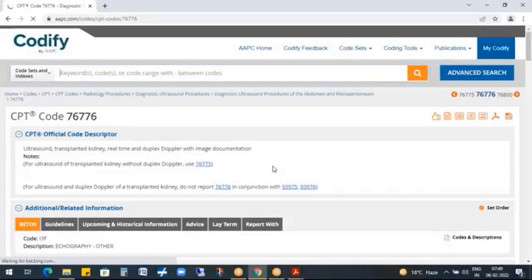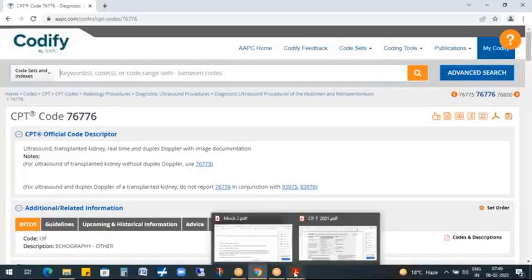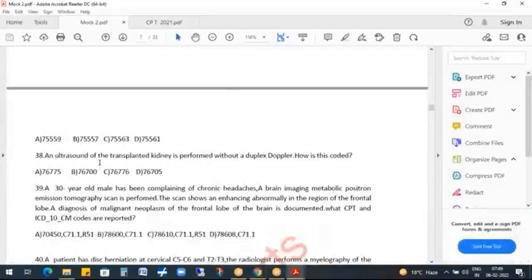Can you see my screen? If you go with the code description 76776, there is a parenthetical note under 76776 in your textbook also: for ultrasound of transplanted kidney without duplex Doppler, what is the code they are asking you to report? 76775.